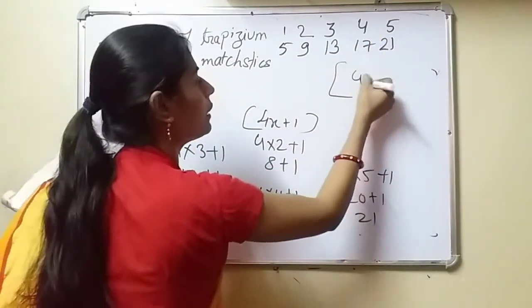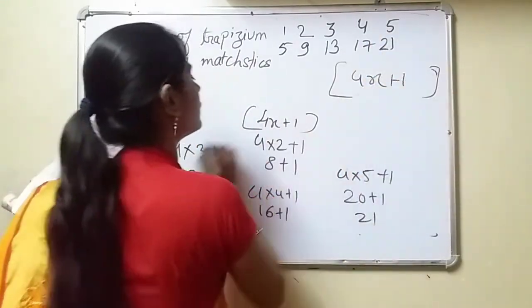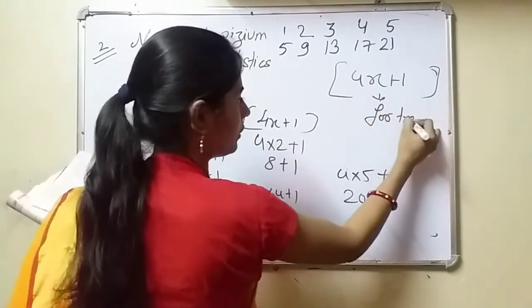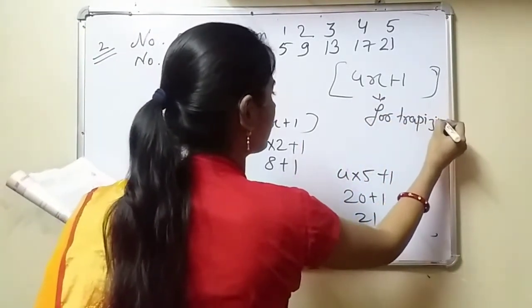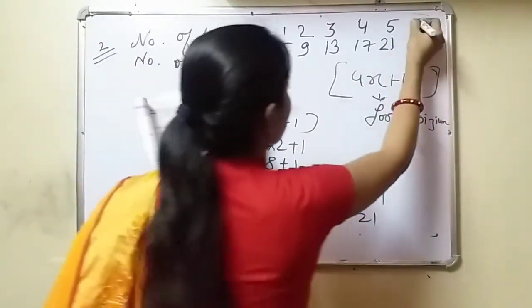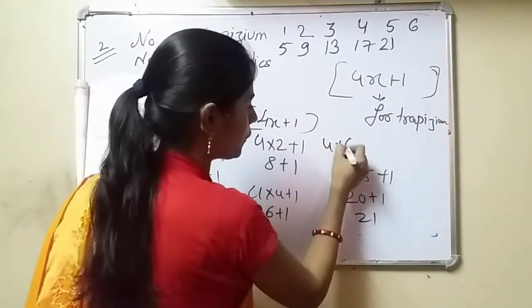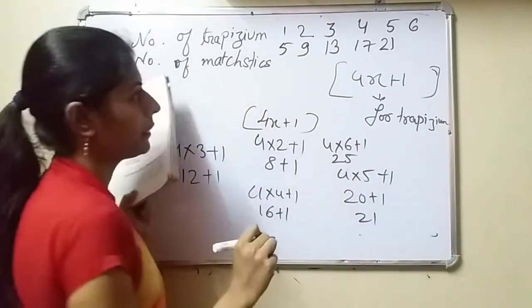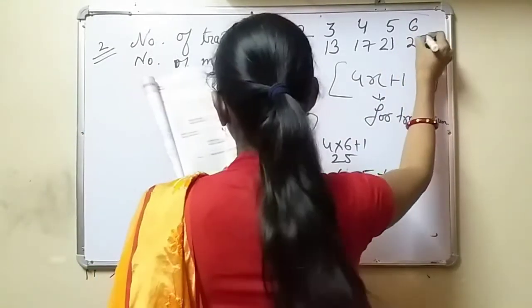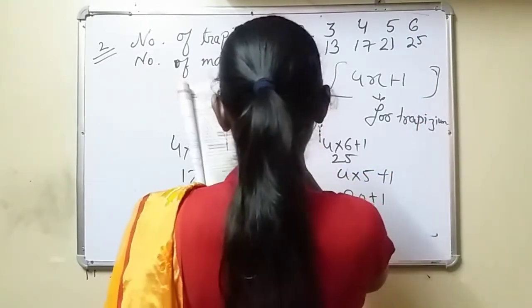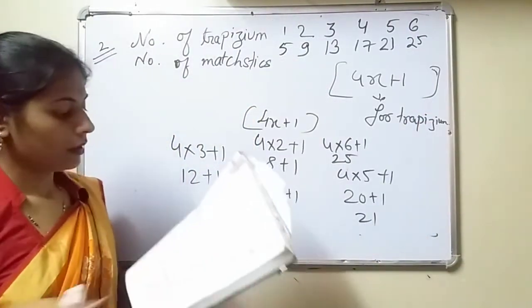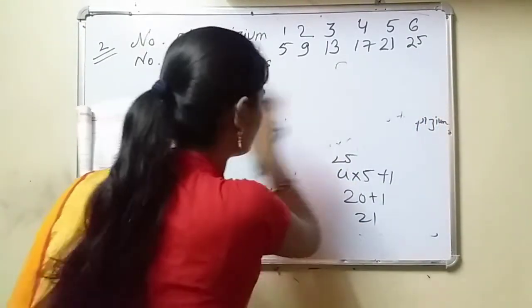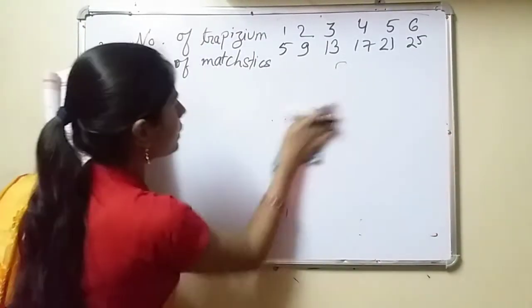You can note down here formula 4x plus 1 for trapezium. Okay, now for 6, multiply by 6, 4 into 6 plus 1, 25. Okay, like this you can solve the questions.